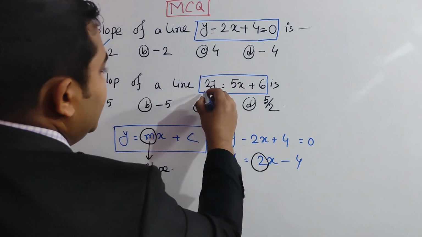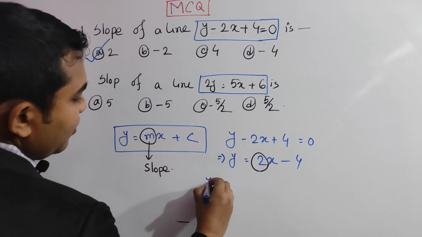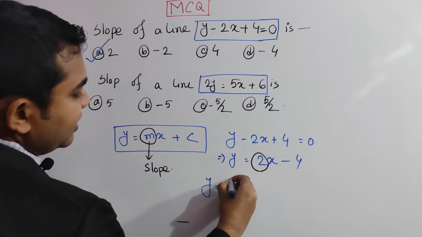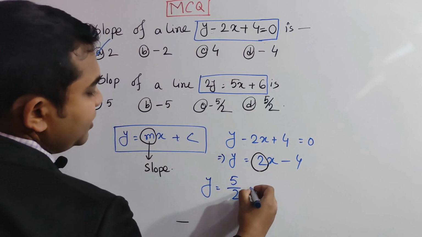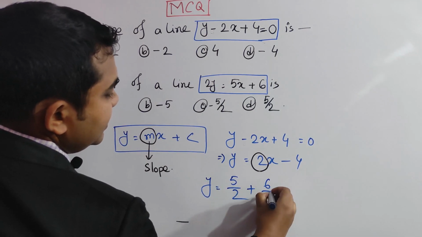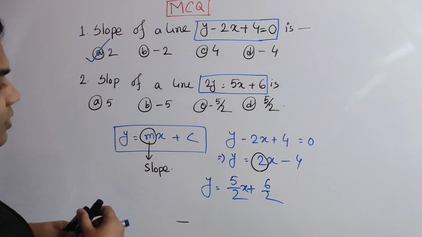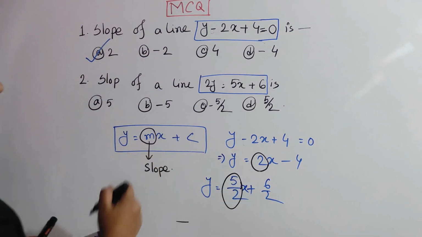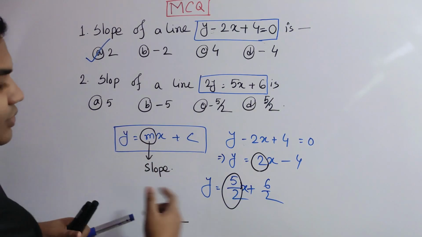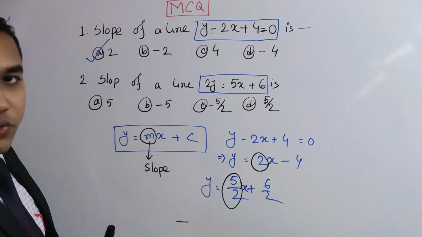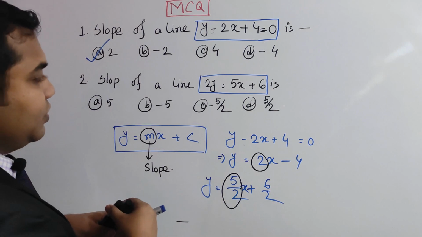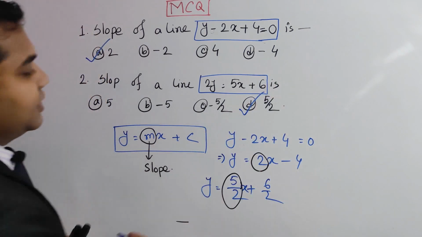So this y can be written as y equal, 2 should be divided in all the parts, so 5 by 2 x plus 6 by 2. So this is our slope. So the slope of this equation should be 5 by 2. So the answer is D.